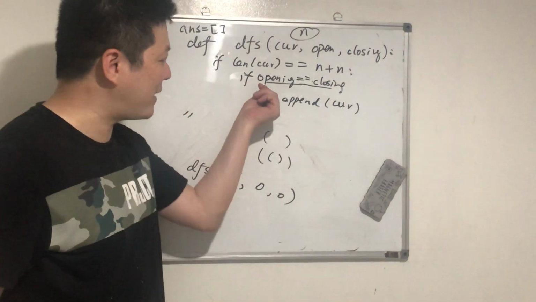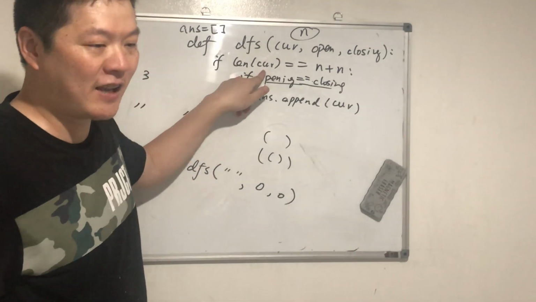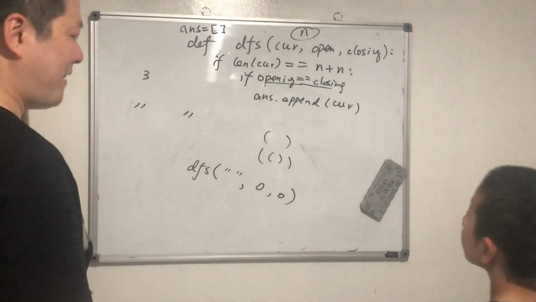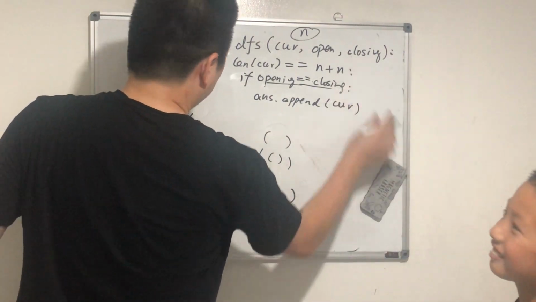It's the same thing as opening equals closing because the length is n plus n, right? Good job.